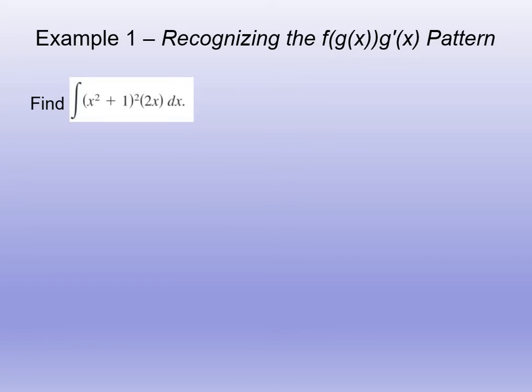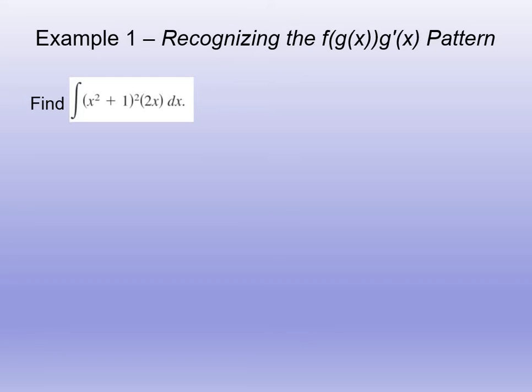We can obviously see with the pattern recognition that 2x is the derivative of that inside function, the x squared plus 1. The derivative of x squared plus 1 is the 2x. So we know we're undoing the chain rule there. So there's our pattern recognition.